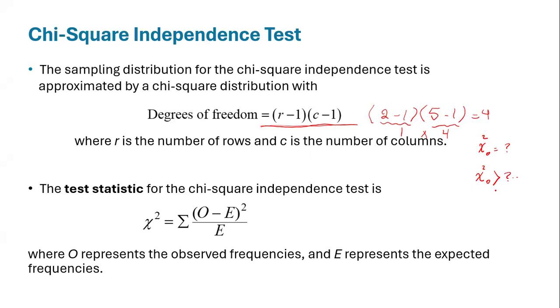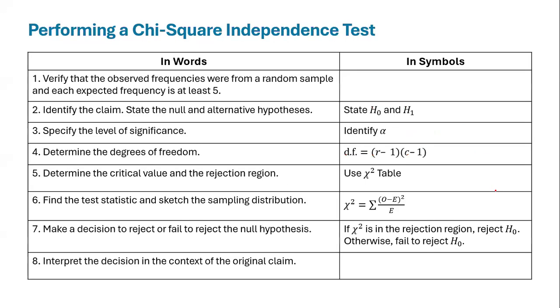Then we need to use the same formula as the goodness of fit test and find the test statistic and check if the test statistic falls in the rejection region or not. If it falls, we reject the null. If it doesn't, we fail to reject the null. And all these steps are in this table, as you see.